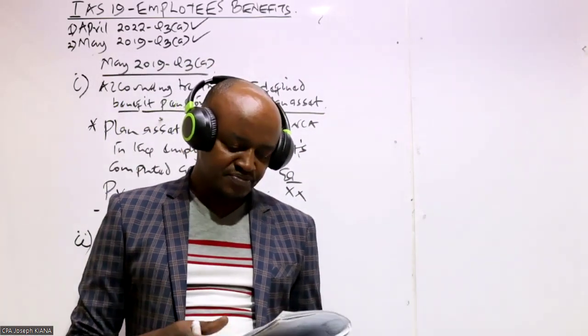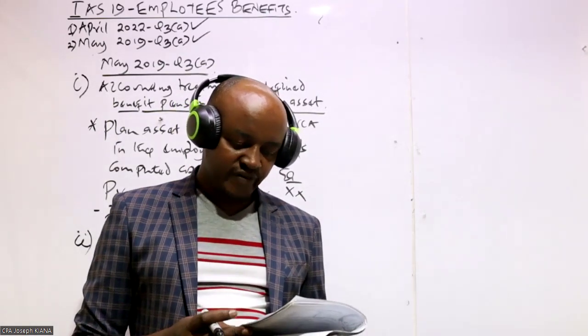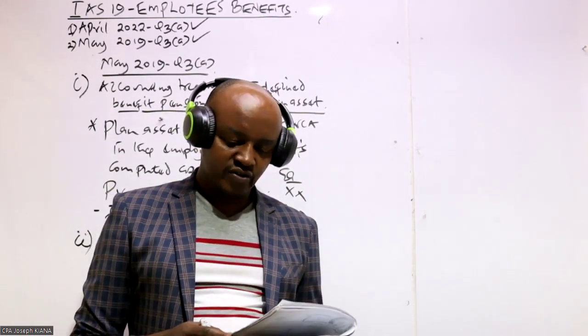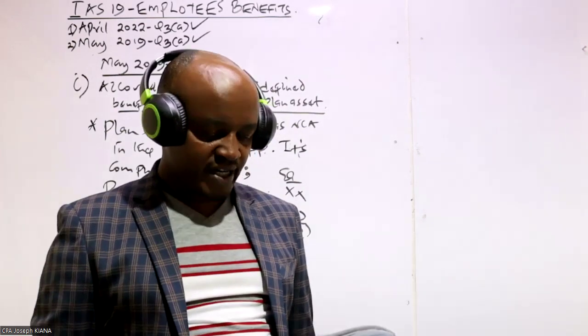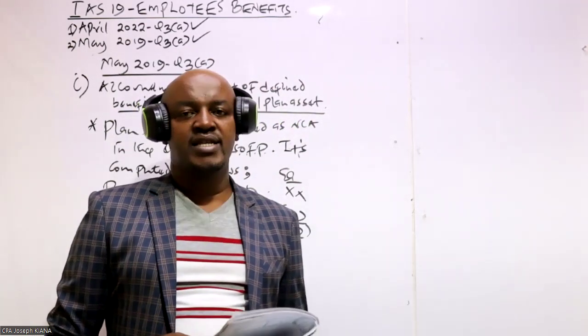So what are we required to do? The required note to the statement of comprehensive income and the statement of financial position is to reflect the effect of the defined pension plan as at the end of 2018.